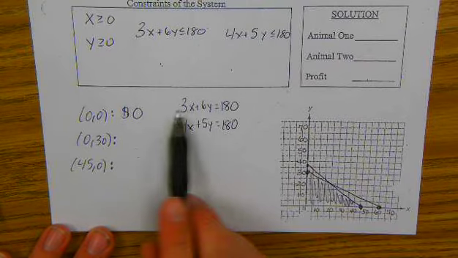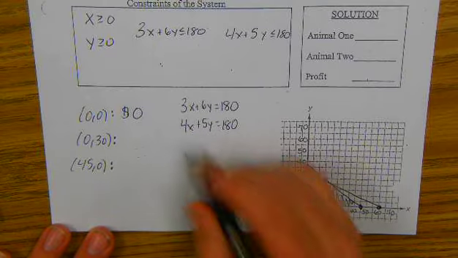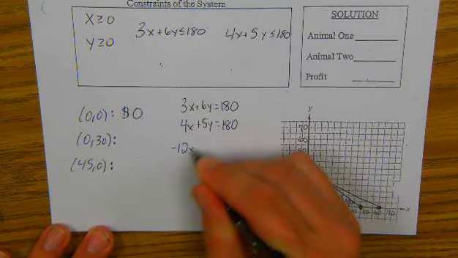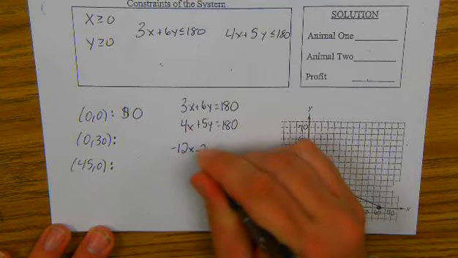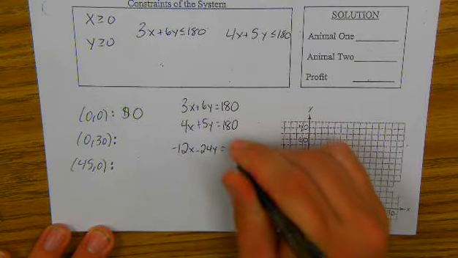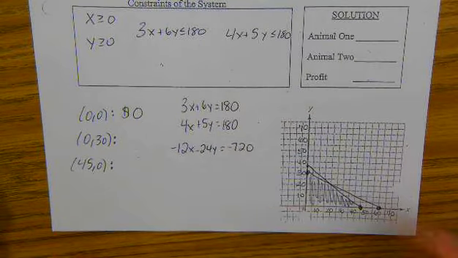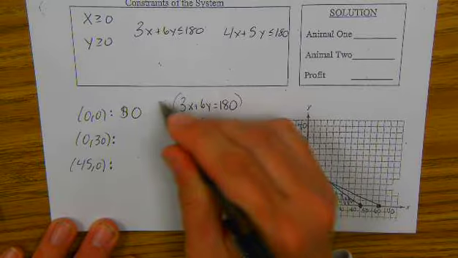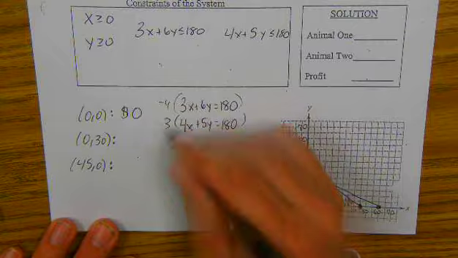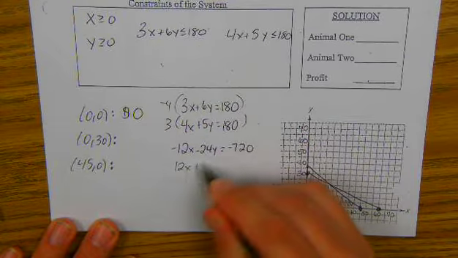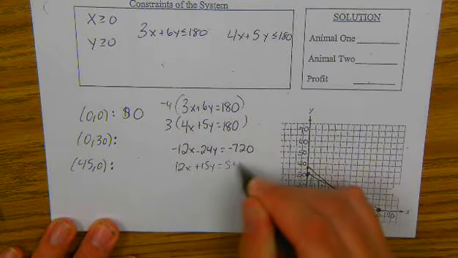So I'm going to multiply the top one by -4. Make it negative 12x minus 24y equals negative 720. And the bottom one by 3. Make it 12x plus 15y equals 540.